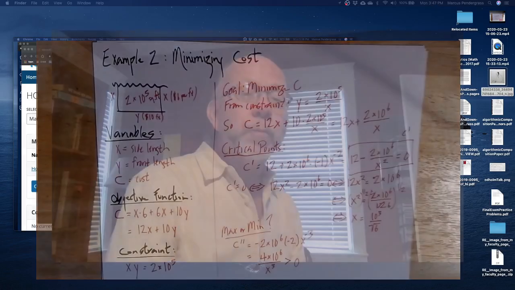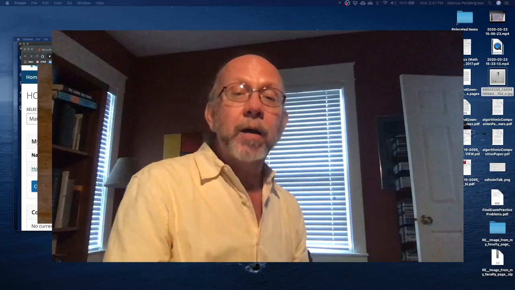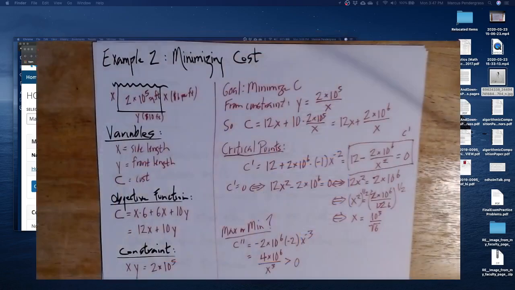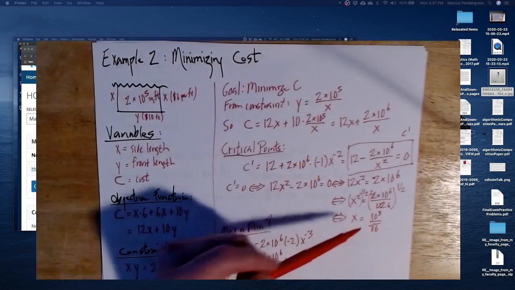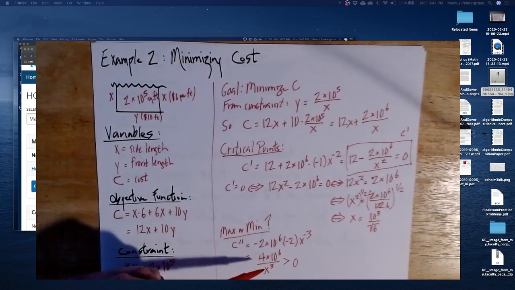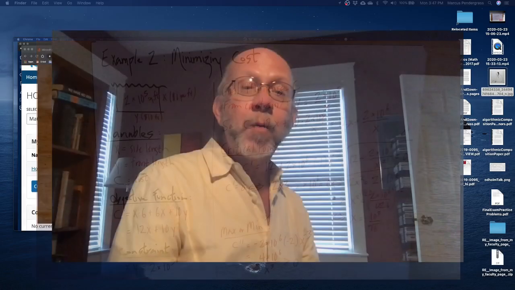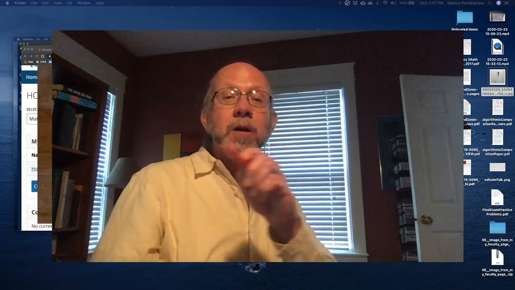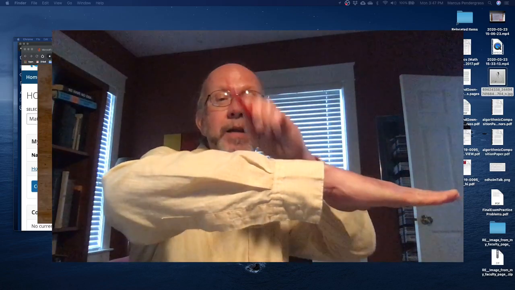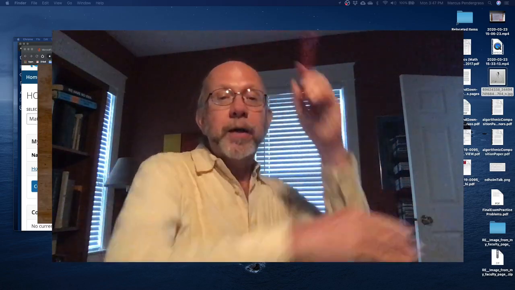And again, here's where you want to put together ideas of concavity as well as horizontal tangent lines. We've got a horizontal tangent line at x equals 1,000 over radical 6, and our graph is concave up. So what can that look like? You've got a horizontal tangent line, and you've got a graph that's concave up. You've got to be at a minimum, right?